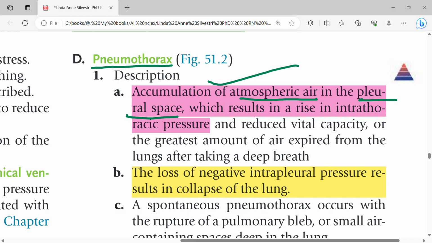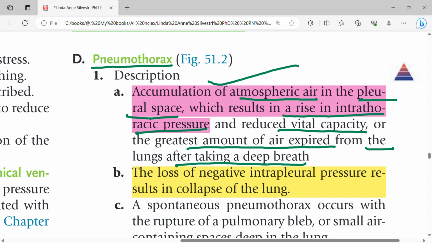Atmospheric air enters the pleural space, which results in a rise in intrathoracic pressure. It will increase the intrathoracic pressure and reduce the vital capacity, the greatest amount of air expired from the lungs after taking a deep breath.